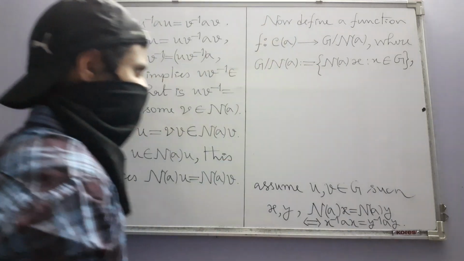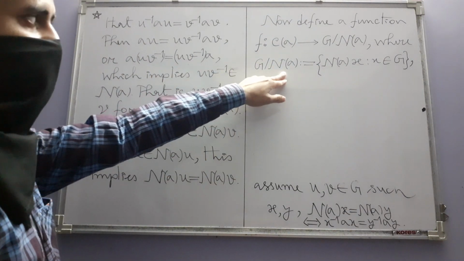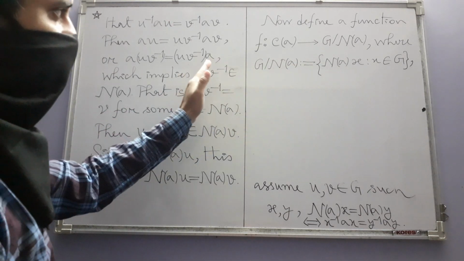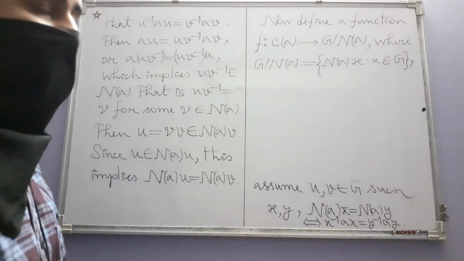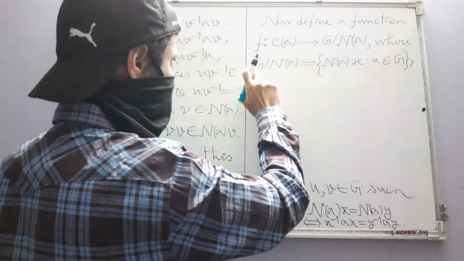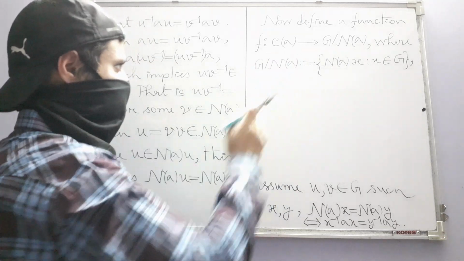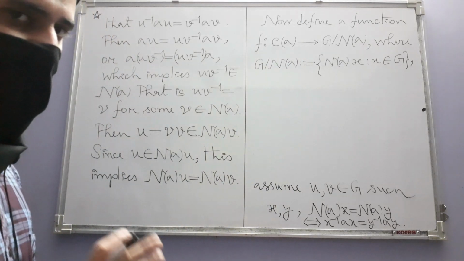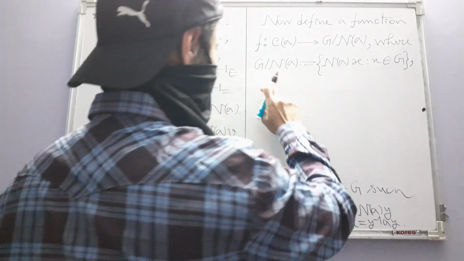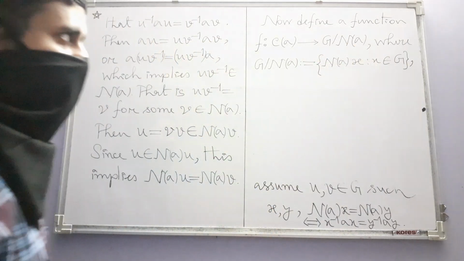Why I said that this notation may be confusing is because the same notation is also in general used to denote the factor group, when you take the factor group of a group by a normal subgroup. Here, however, NA is not necessarily normal, and we do not have anything to do with normality here. By this notation, we just mean the set of all right cosets.